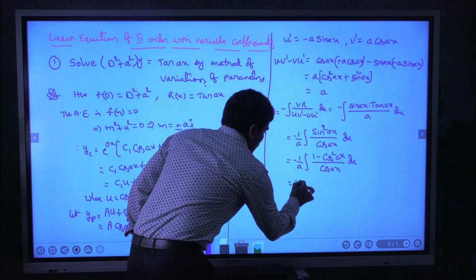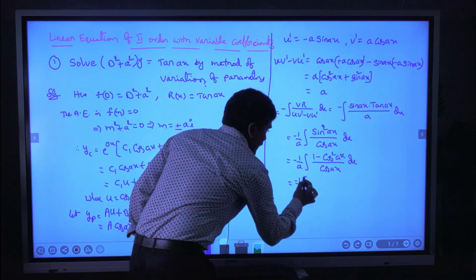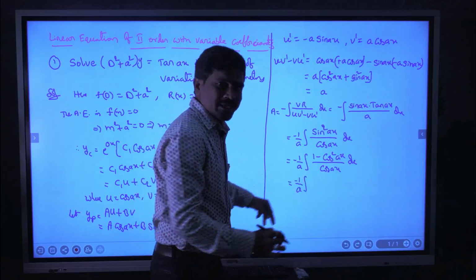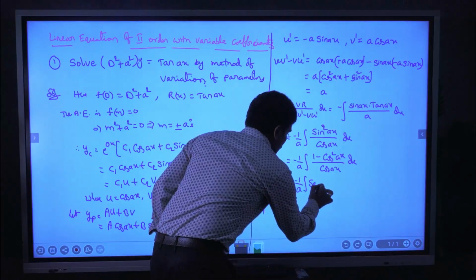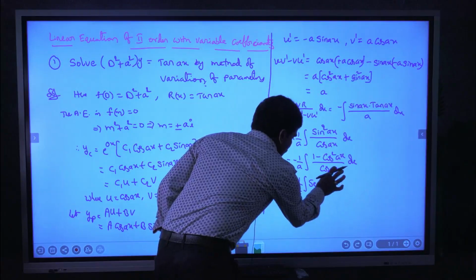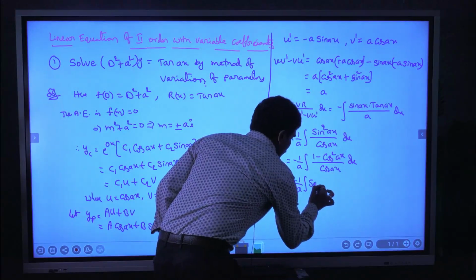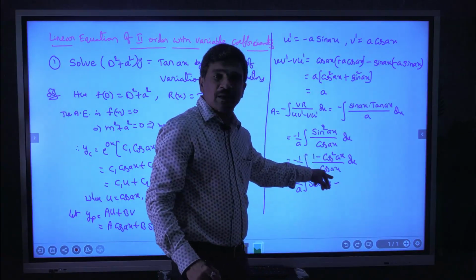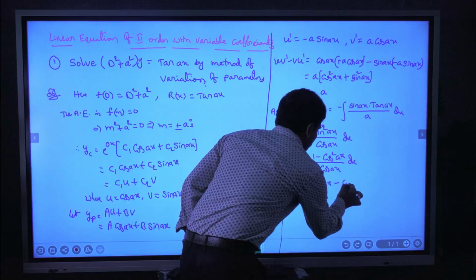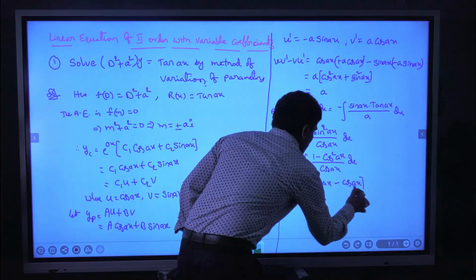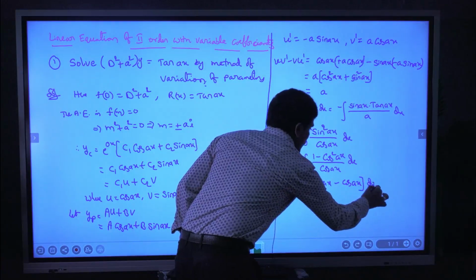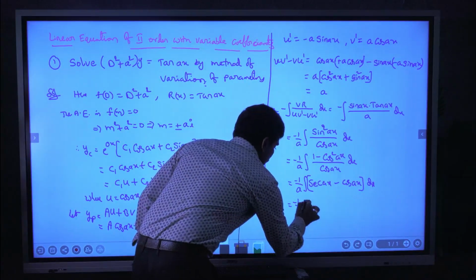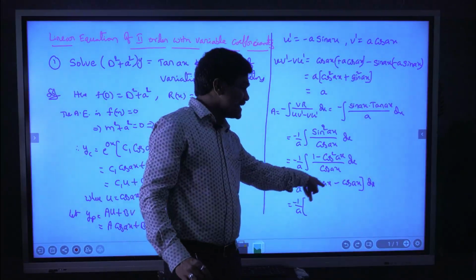So minus 1 by a integral of 1 by cos ax, which is secant ax, minus cos square by cos, that is cos ax, into dx. Now separate the integration.